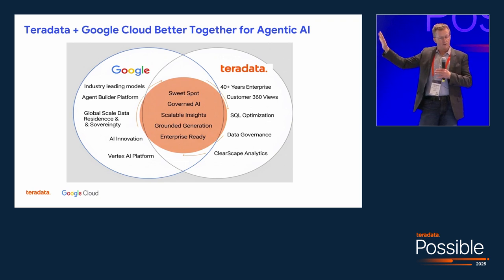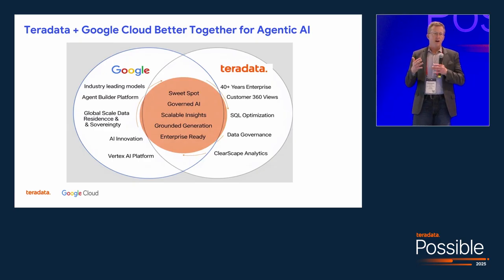This is how Google and Teradata are working together, where the number of capabilities that our customers can use are far superior to what either company can bring by itself.